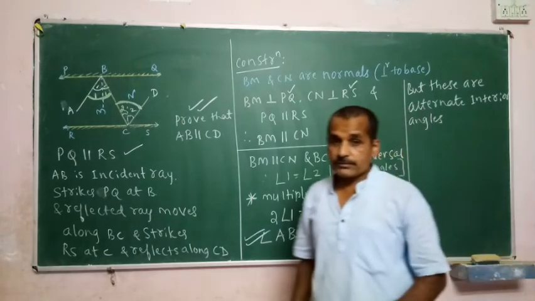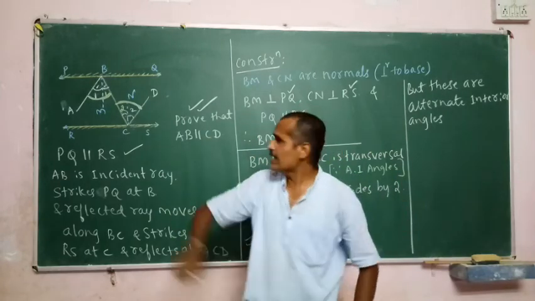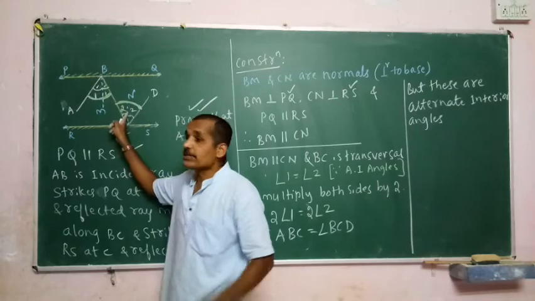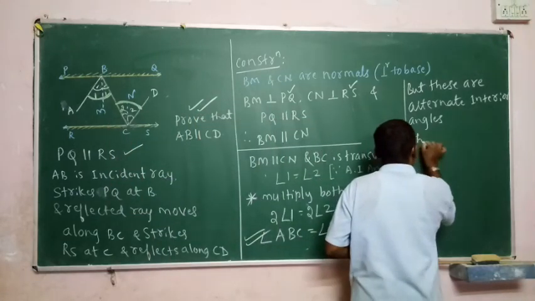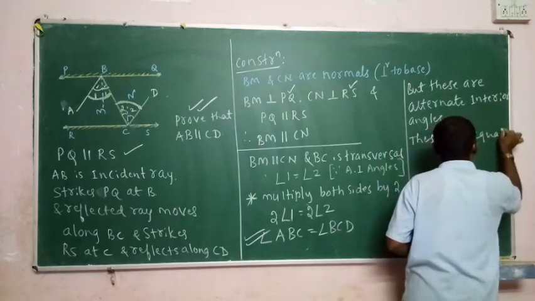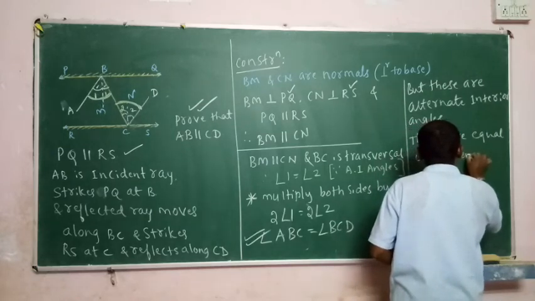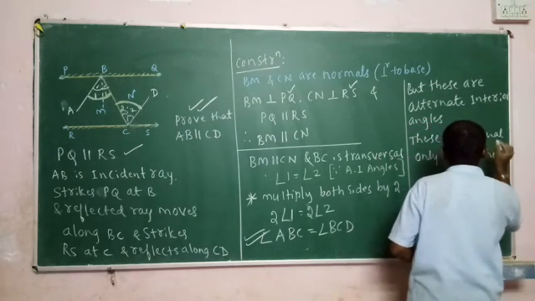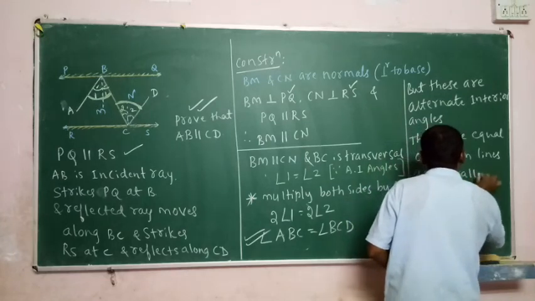Don't get confused whether the lines are parallel or non-parallel. In both cases I can say these are alternate interior angles. These are equal only when lines are parallel. Only when lines are parallel.